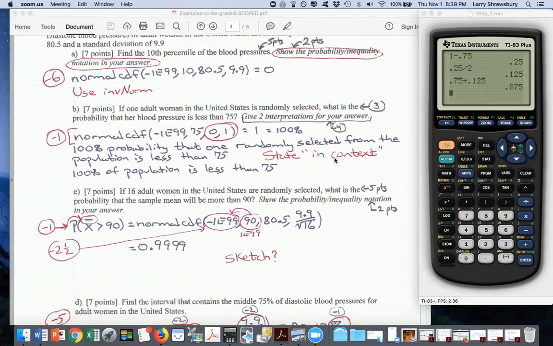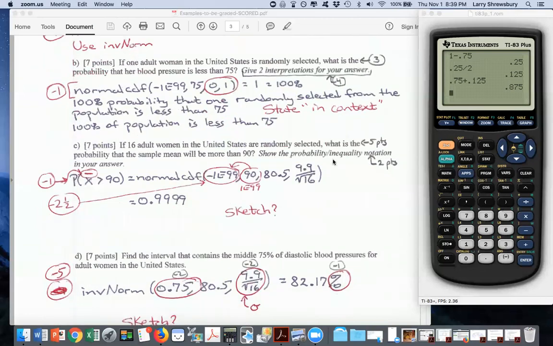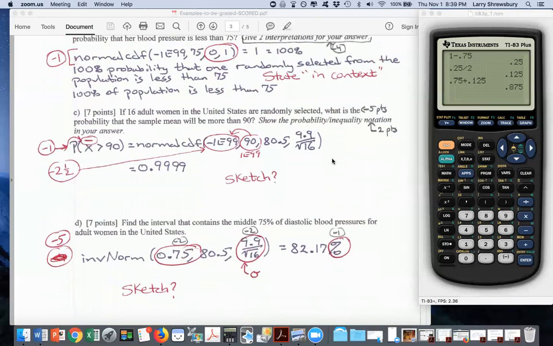All right, now let's go over here and see what happened. Well, they forgot to put the bar on top of the X. That's a problem. And let's see, if they had made a sketch, do you think it'd be less likely they would have messed up their lower bound, upper bound here?